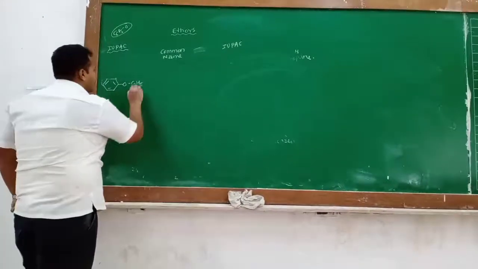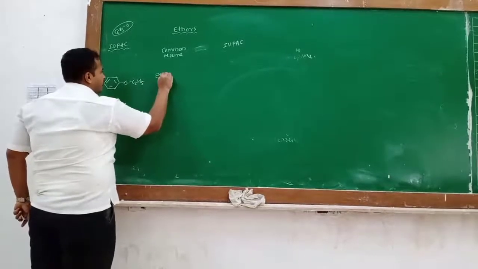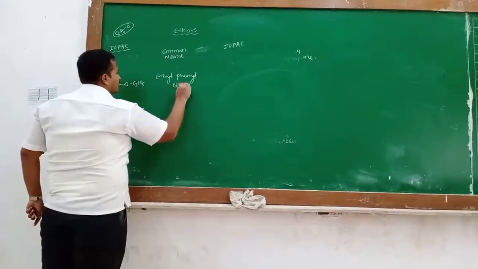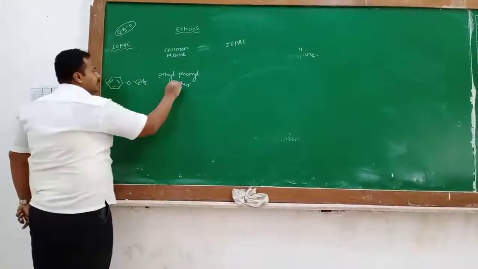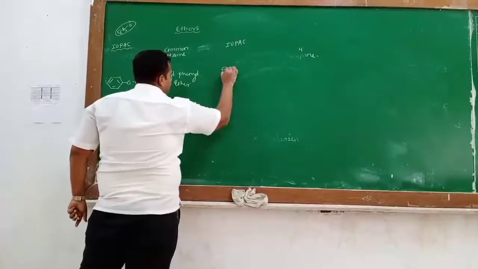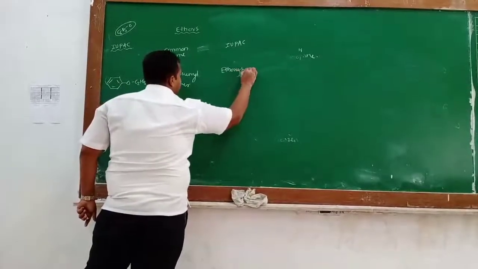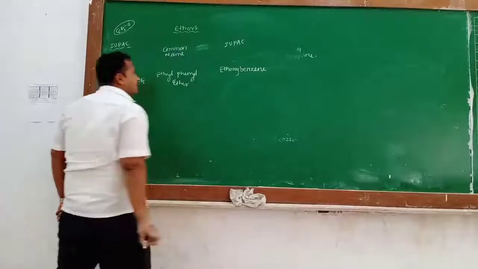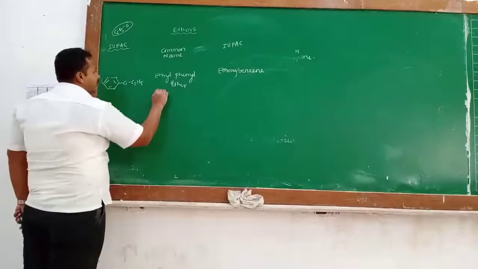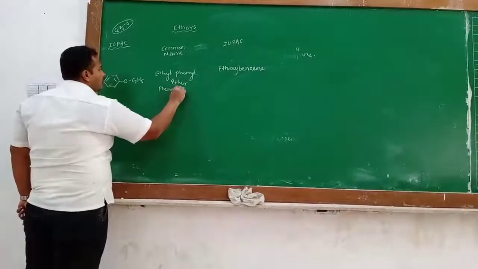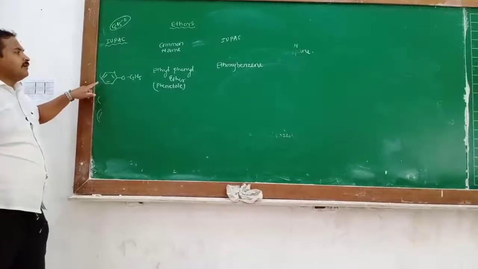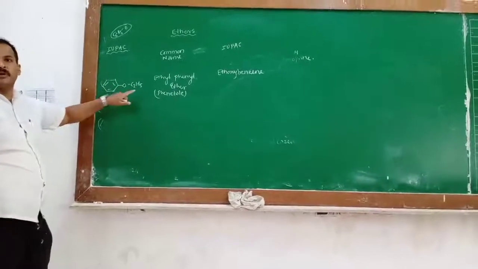Tell me the name of the compound. It is an ethyl group and a phenyl group. Therefore, the name is ethyl phenyl ether. The IUPAC name is ethoxy benzene. Another common name is phenetole, the common name of ethyl phenyl ether. Keep in mind this is an important name.